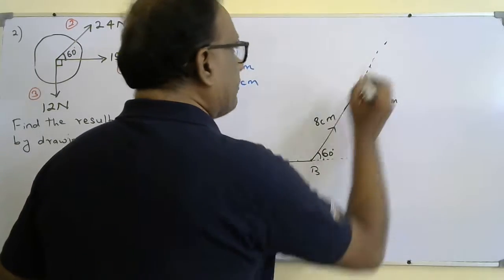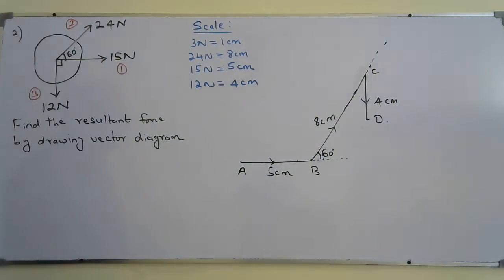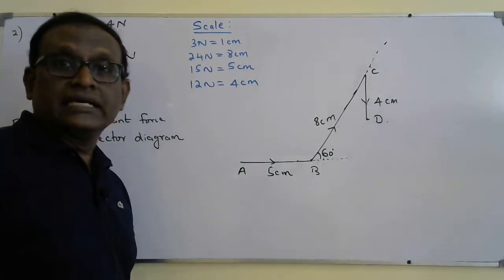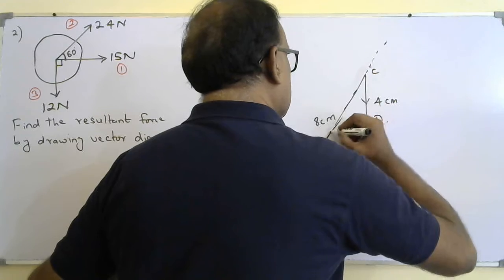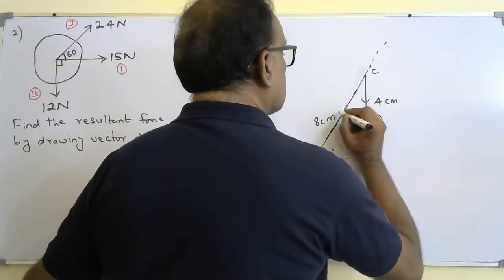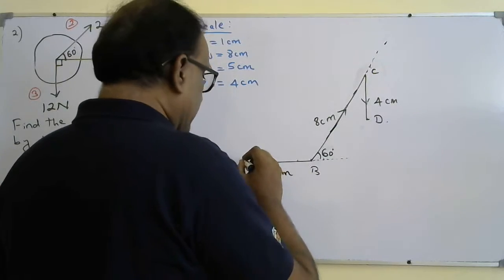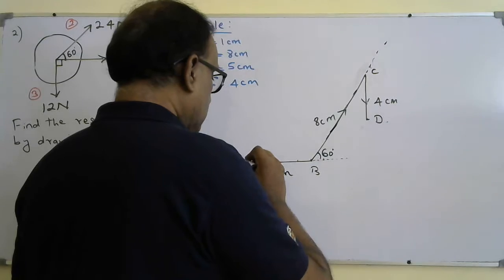So that will be AB, this is C, this is ending at D. Okay. Then connect the most initial point and the final point. That will be the resultant force. So connect the most initial and the final point, that will be AD. A to D is the resultant force.